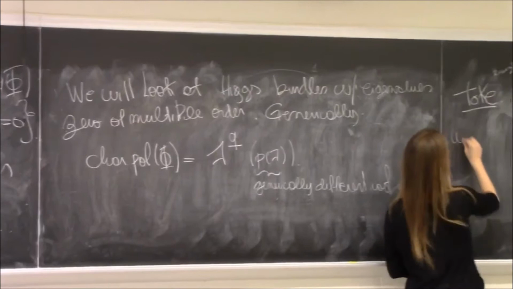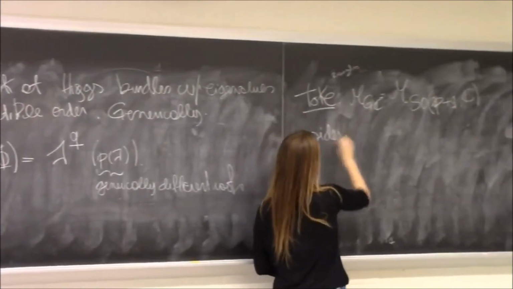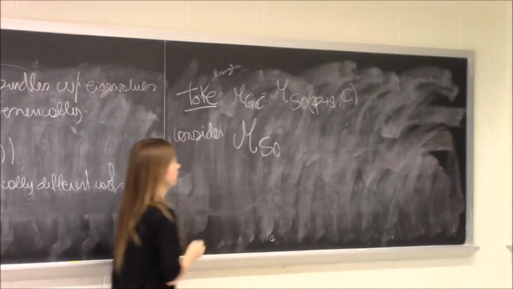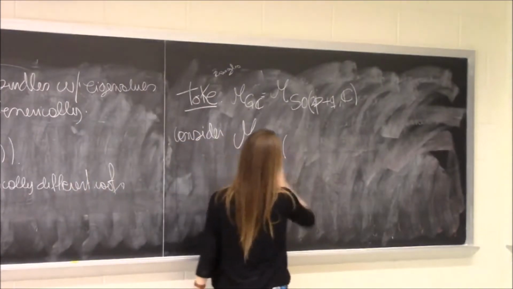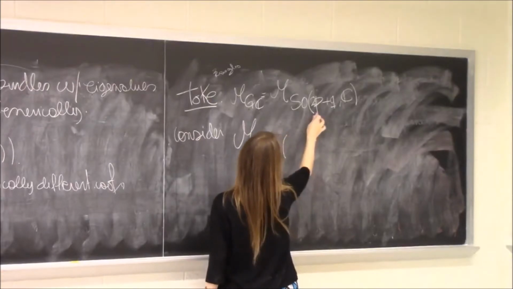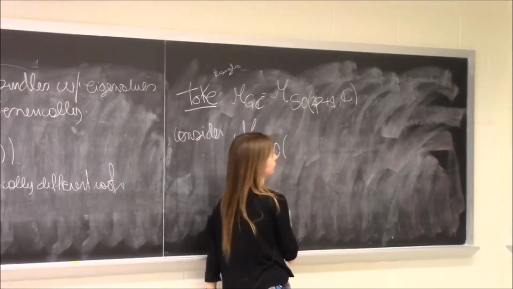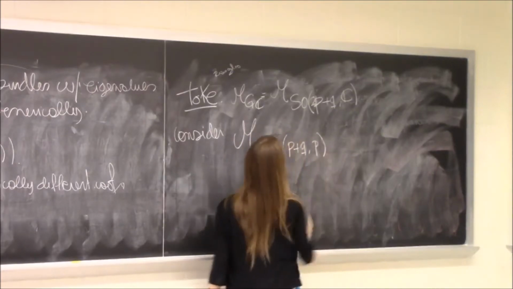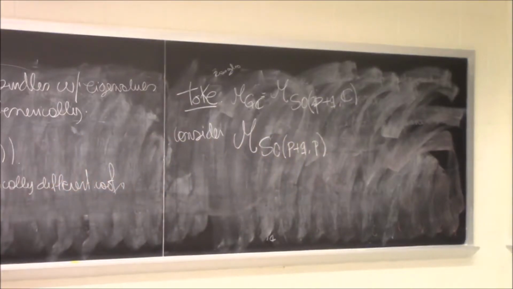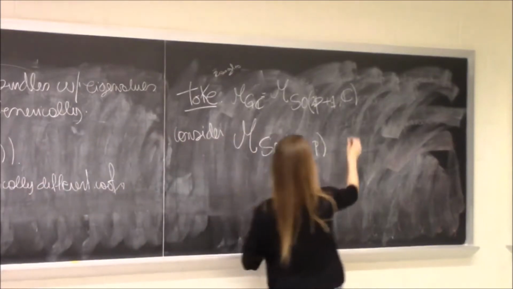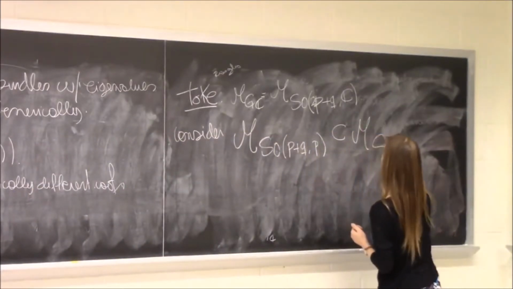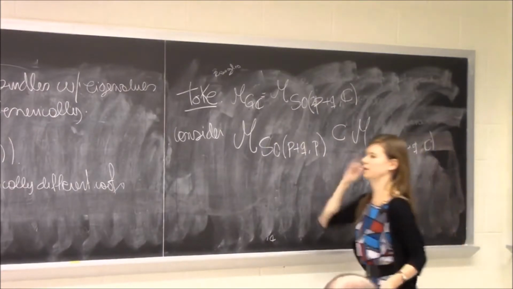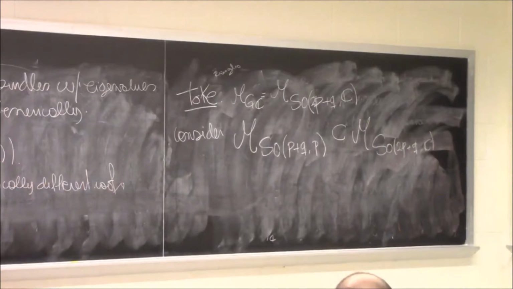So consider the moduli space of Higgs bundles that are orthogonal but preserve a Hermitian form of signature (p+q, p). So SO(p+q, p). So these are orthogonal Higgs bundles inside that moduli space. So I'm seeing this moduli space inside the big moduli space SO(2p+q).